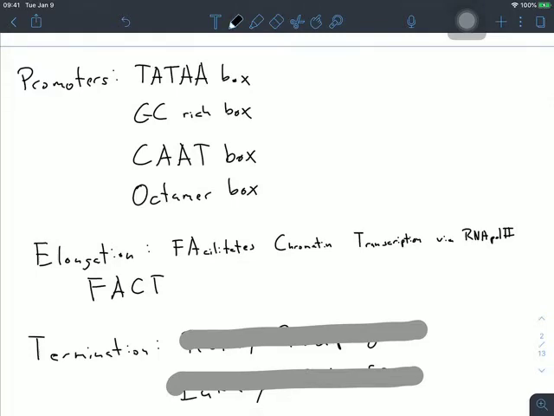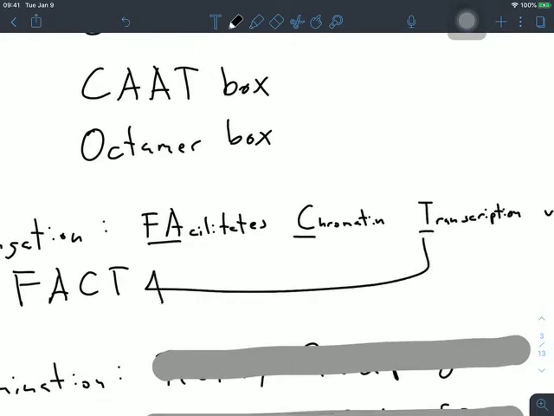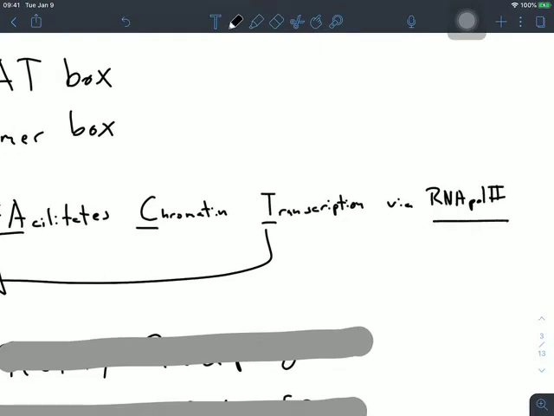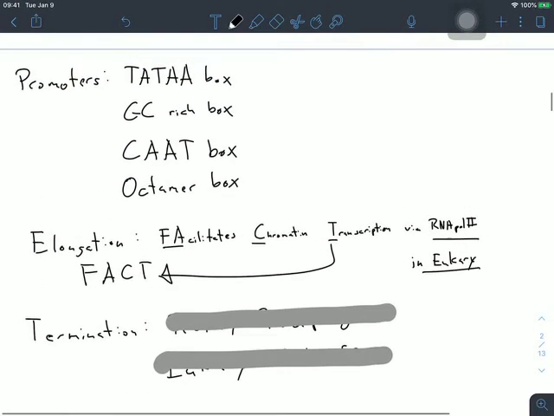Yeah, that's right. We got clever by taking the first letters and turning them into the name of this giant enzyme. It does so by working with RNA polymerase II in eukaryotes, like us, to help make sure that the polymerase is going to be moving. So while RNA polymerase is necessary and sufficient for performing elongation in prokaryotes, you have FACT helping it along in eukaryotes.